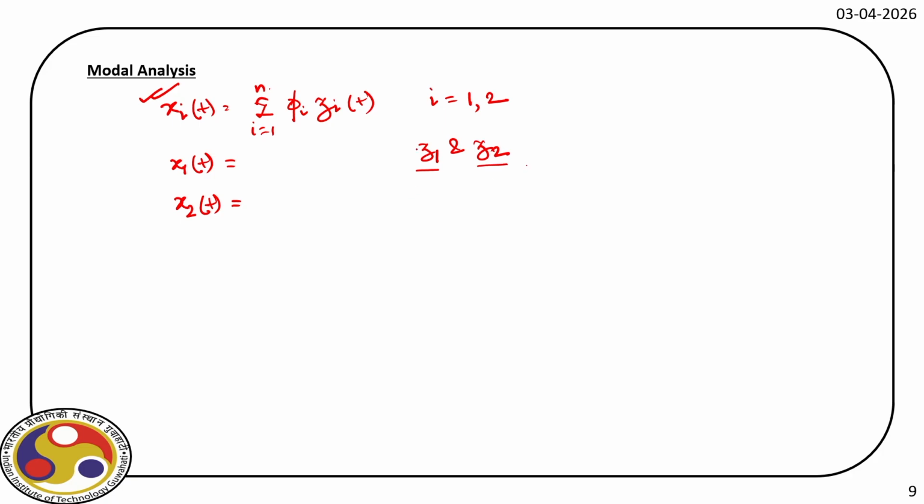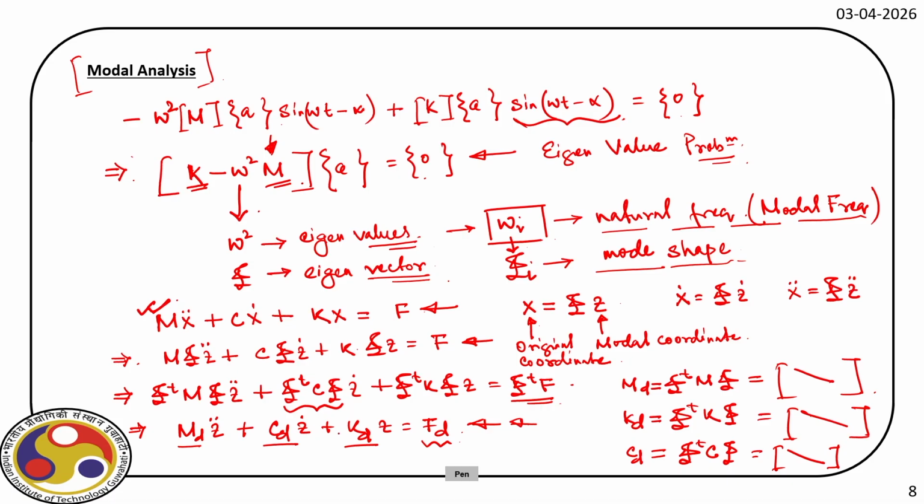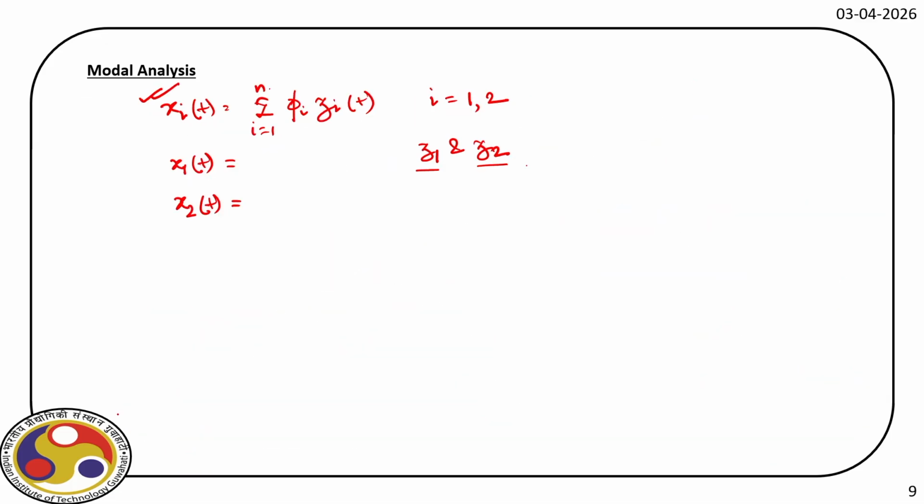And what is the advantage of this? If I write down the equation for the ith modal equation, in the modal coordinate the matrices are diagonal. So for Zi, we have MDi Zi double dot plus CDi Zi dot plus KDi Zi is equal to FDi.